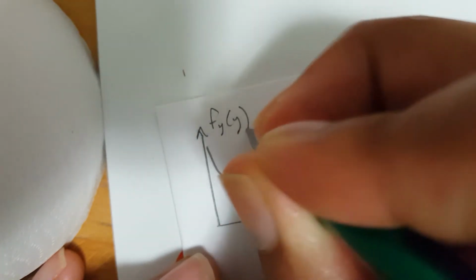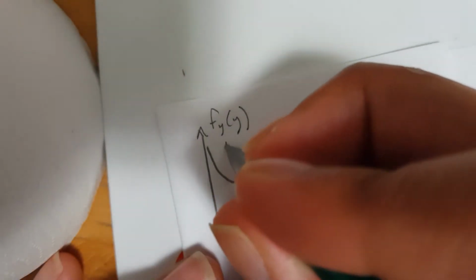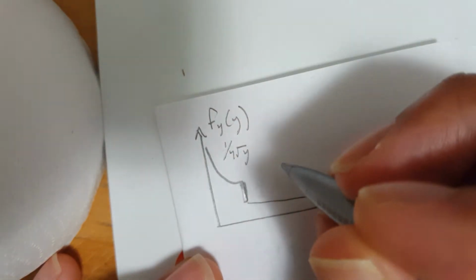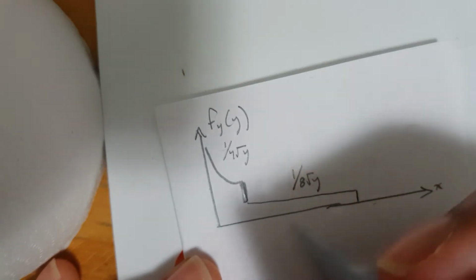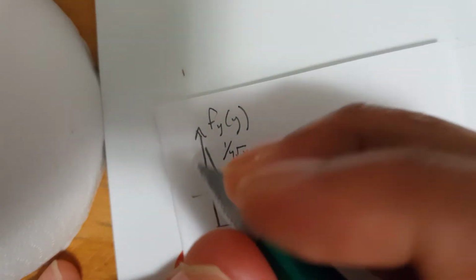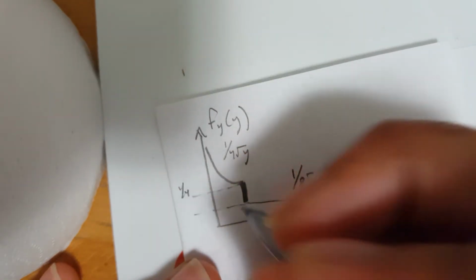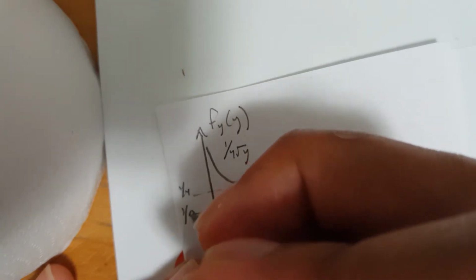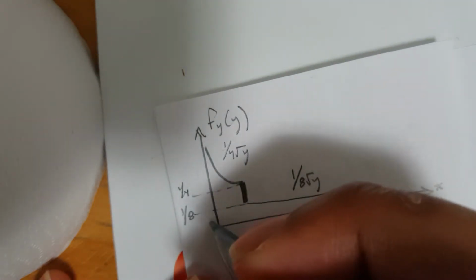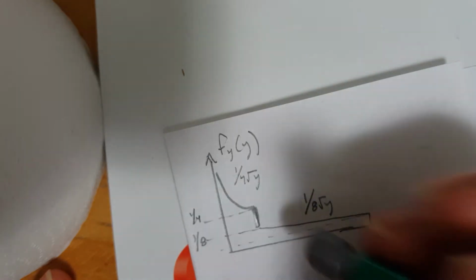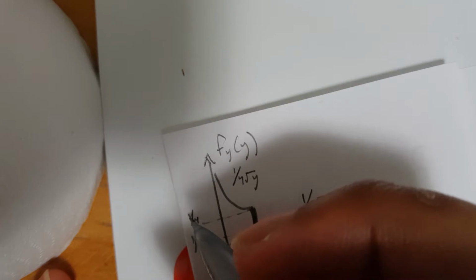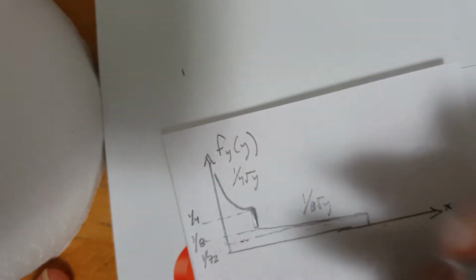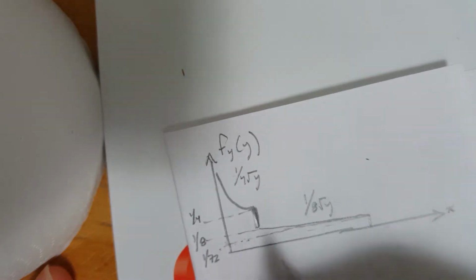This is f of y, and this is 1/4 square root of y. This is 1/8 square root of y. This is for when it's 1/4. This is for 1/8, and I don't want to draw this semi-accurately. This is for 1/72, what this is.